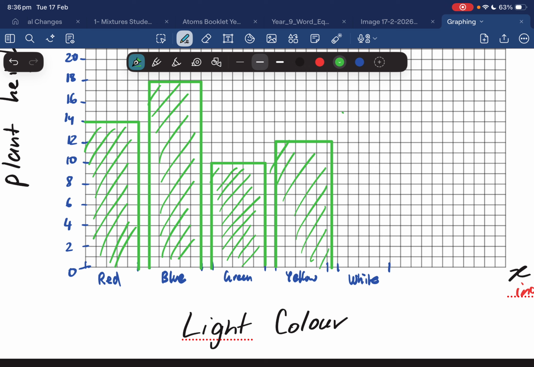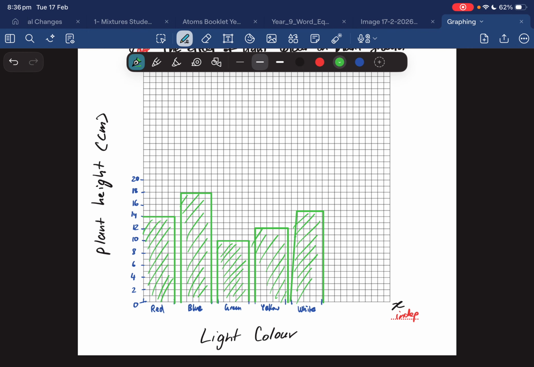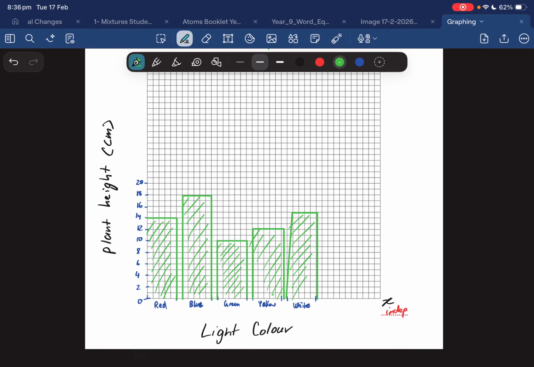And 16. Sorry guys, I drew that one a bit weird. So is this one. Just not fully doing it correctly. Oh, that's lovely, isn't it? Well, it's obviously easier doing it on paper than on an iPad.